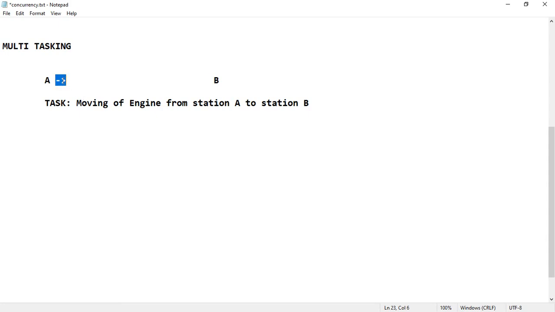So this is an electrical engine, which means it needs a power supply as a resource. Whenever the electricity comes into the engine, the engine motor will start.